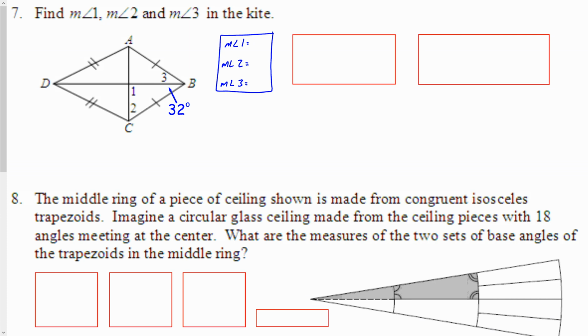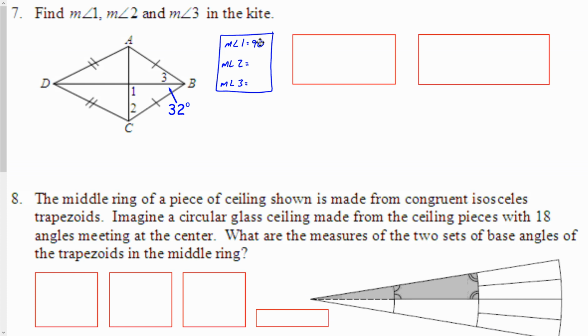The measure of angle 1 is automatically 90 degrees because we just talked about diagonals of a kite being perpendicular. So therefore, anytime we have a kite, which we're told we do here, the diagonals are perpendicular. Perpendicular lines always form right angles. All right angles equal 90 degrees.